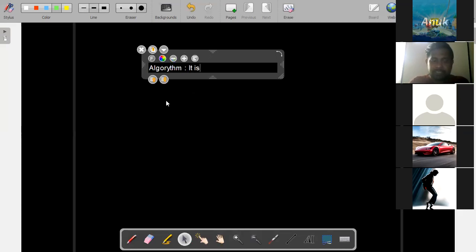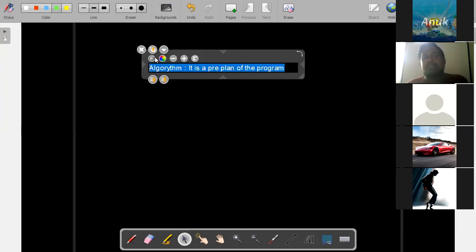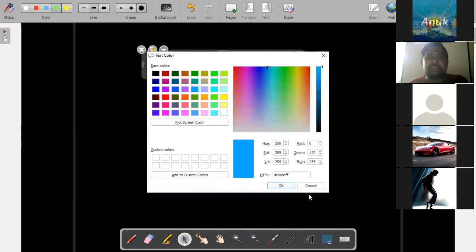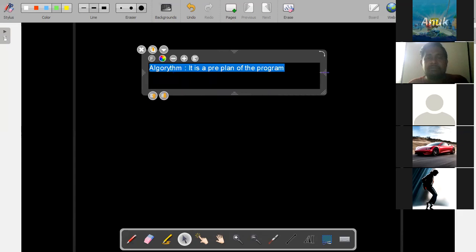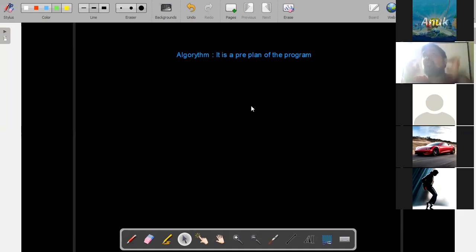Again, it is a pre-plan of the program. It's a very simple explanation. There are two types of algorithms. It means there are two methods of developing an algorithm.